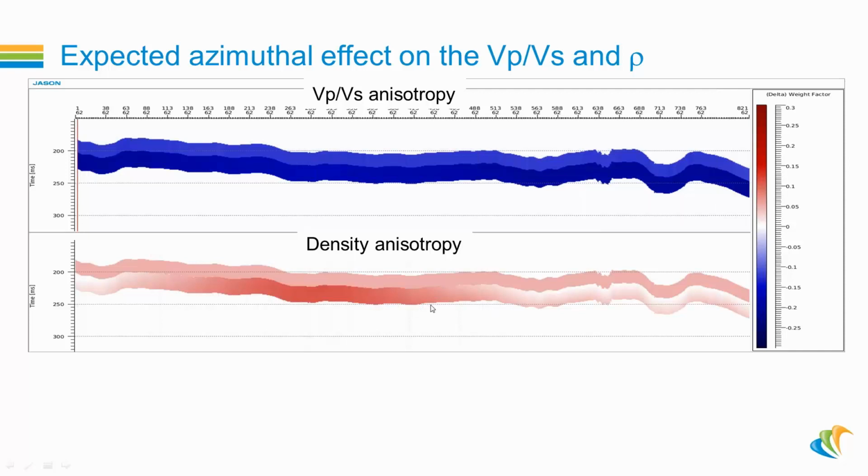That means that the density anisotropy is lowest in the isotropic plane and highest in the anisotropic direction. This is important knowledge, and it may vary depending on the Thomsen parameters. The VPVS anisotropy can flip depending on how you choose your Thomsen parameters.